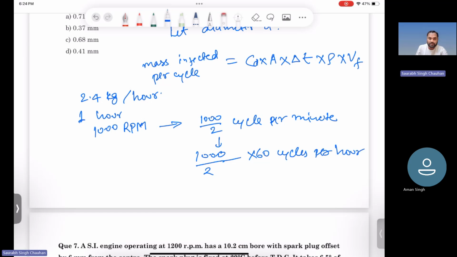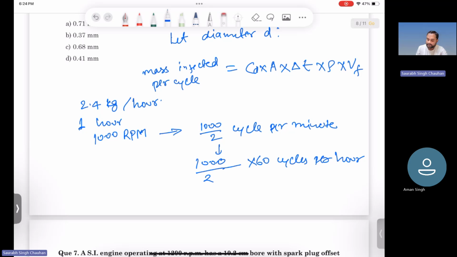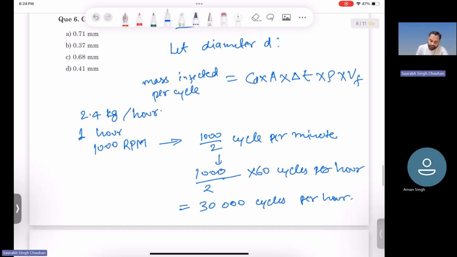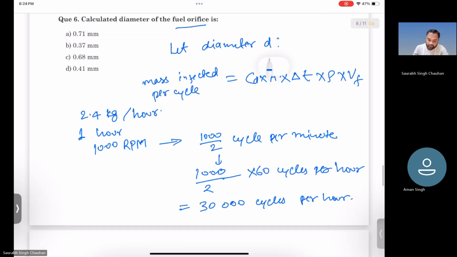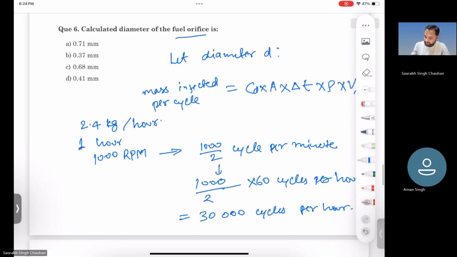Okay. So now we have number of cycles in 1 hour, right? So 30,000 cycles per hour.